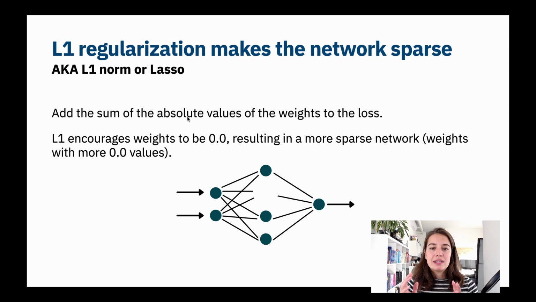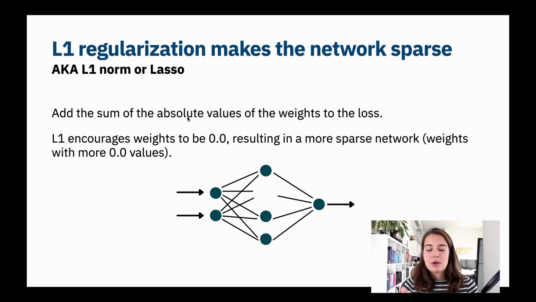Whereas what you want to do is get the absolute value, so even if they're negative, you turn them into positive, sum them up, and then add that to the loss function. And doing that, L1 regularization effectively encourages the neurons or the weights to be 0, and that way it eliminates some of the weights.